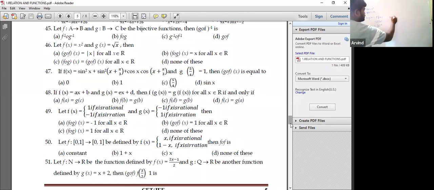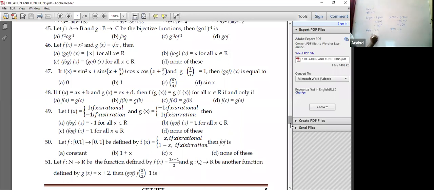Let's also find g circle f of x, which is g of f of x. So f of x is x square. So wherever there is x, we have to put x square. So the square root and the square get cancelled. So both you're getting it as x.